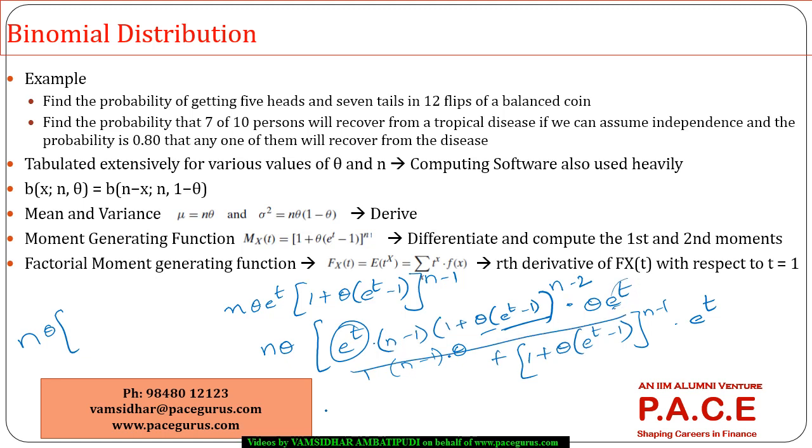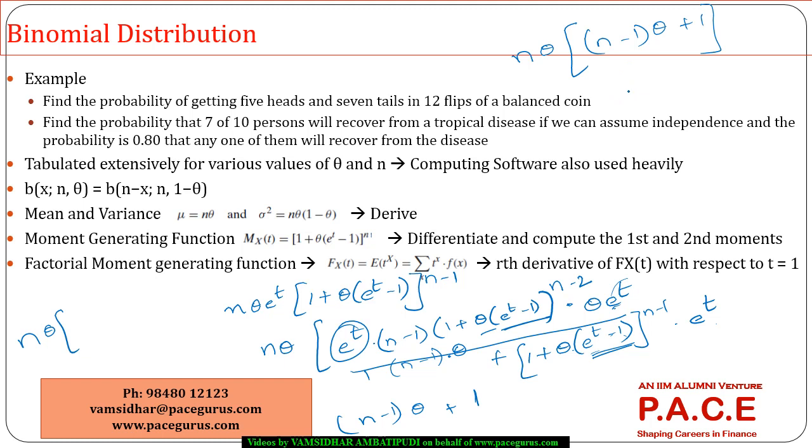So this whole term is becoming n minus 1 into theta, plus, in the second part, if I put t as 0, 1 plus theta into 0 is 1, and e power t is 1. So this whole thing is coming out to n theta into (n minus 1 times theta plus 1). That is what is coming out as expected value of x squared.